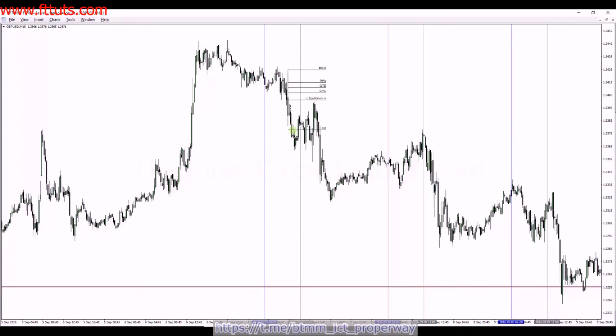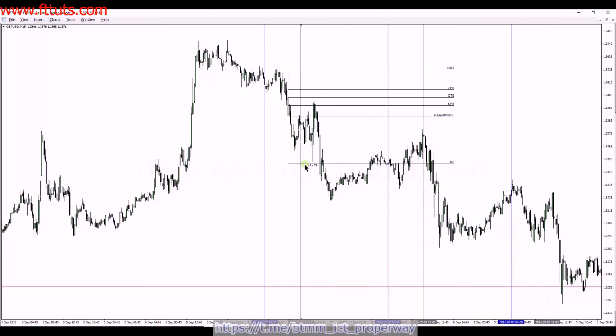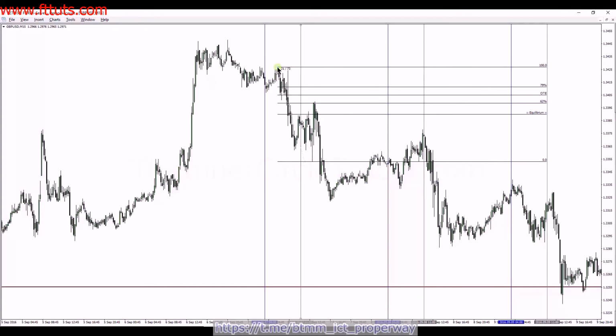So we can measure that swing down. From the high, we can use this one. This high down to this low, and it retraces back up above equilibrium. So we go into a premium market at the 62% retracement level.